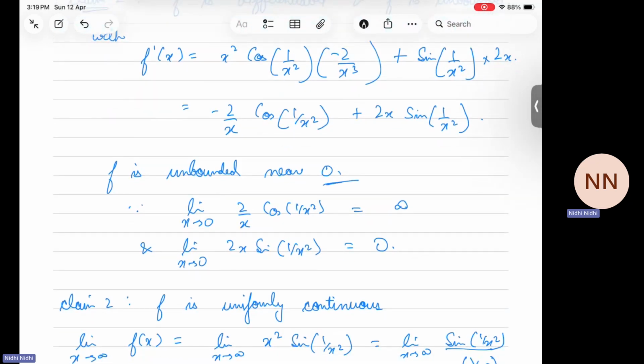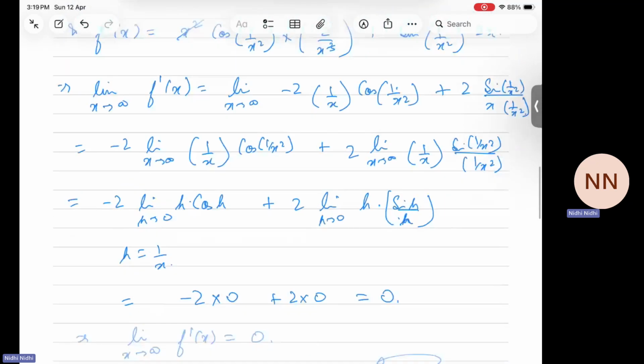The derivative actually blows up near 0. Hence, the given statement is false.